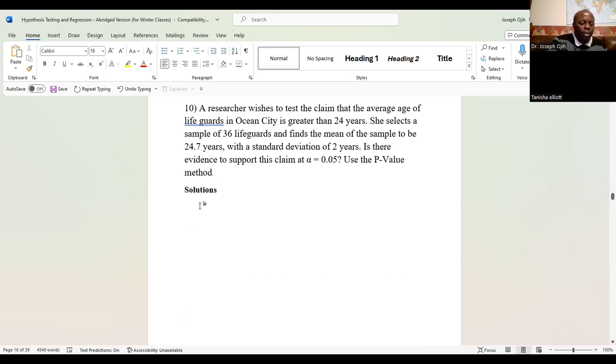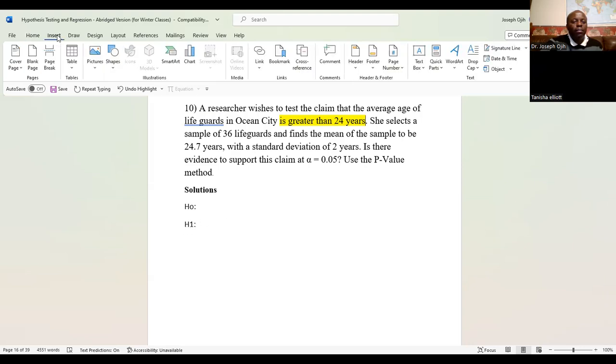You state the hypothesis H0 and H1. The researcher wishes to test the claim that the average age of lifeguards in Ocean City is greater than 24 years. Greater than is a symbol that can be used only in the alternative hypothesis. So we're gonna have it there.